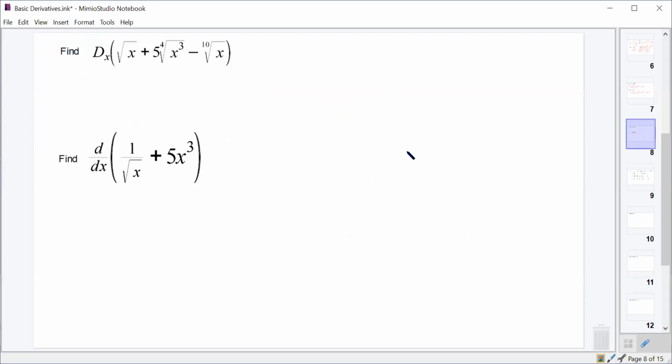Couple more. All right. Last two of these that we're going to do, and then we're going to keep pressing forward with some other stuff here. Kind of apply this a little bit. So give those two a try also.